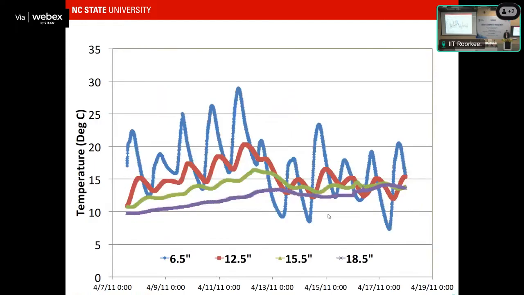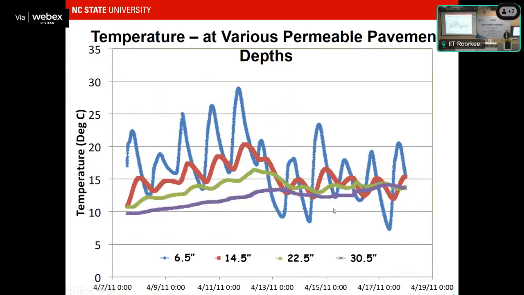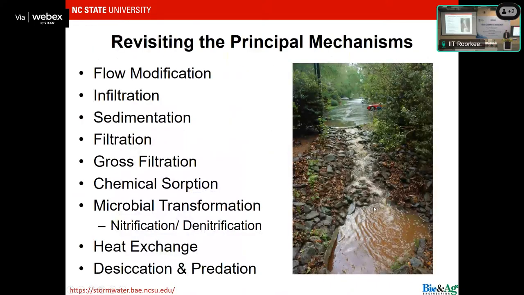All right, I'll try to skip through that. Okay. So I'm going to close with this. Stormwater control measures, again, are collections of pollutant removal mechanisms. You see them behind me right here.